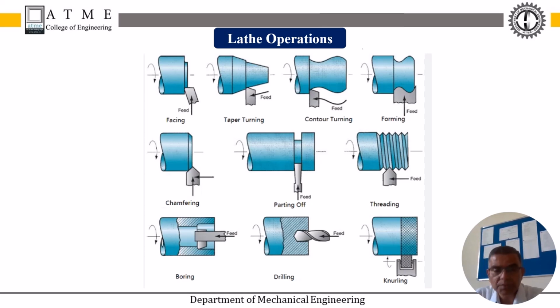These operations can also be done using the lathe machine by having special attachments for these particular operations, and including of course knurling. So these are all the various types of operations which can be performed by using the lathe machine.